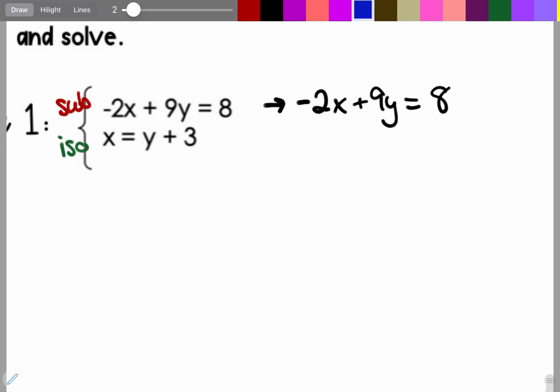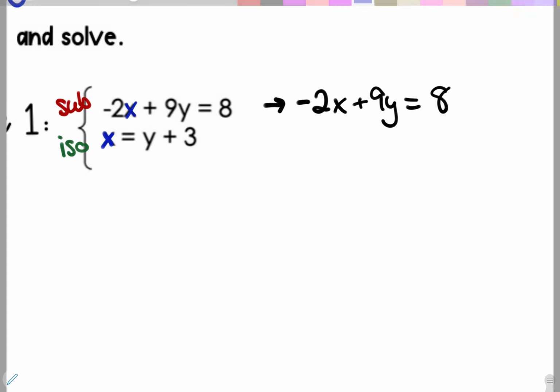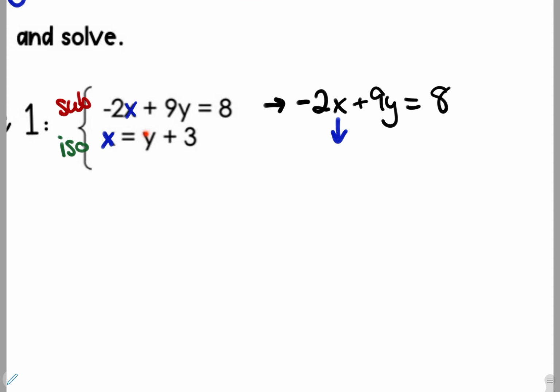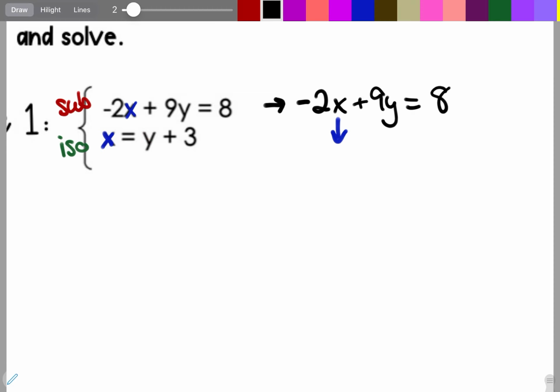Using your eyeballs, you are going to identify who is being isolated. We are isolating x, so in your substitution equation, you're going to plug in what x is equal to, okay? Just x. And according to this problem right here, it says that x is equal to y plus 3.